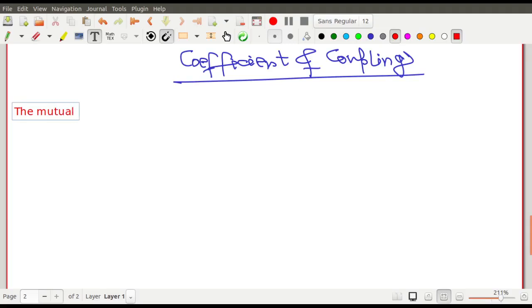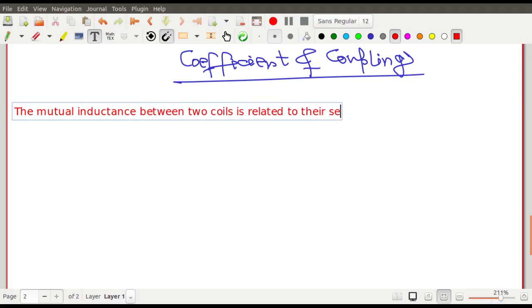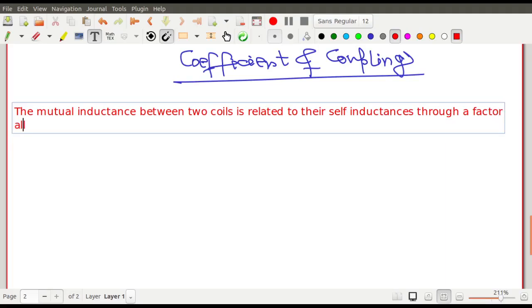The mutual inductance between two coils is related to their self-inductances through a factor called coefficient of coupling.